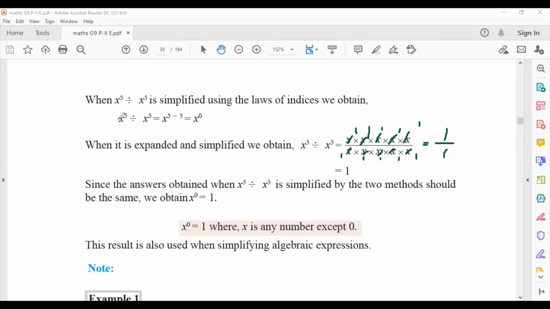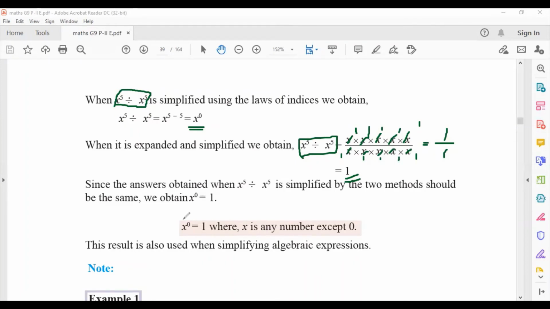If you use the laws of indices to simplify this question, you get x to the power 0 as the answer. If you use the expanding and simplification method, you get 1 as the answer. They should be equal because you are doing the same question. Although you followed different methods, you should get the same answers.